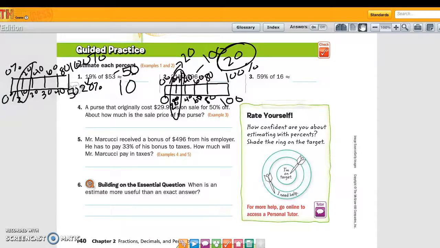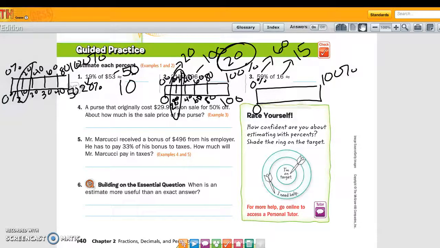At 59%, we are closest to 60. 16 we're going to be closest to 15. So 0, 100%. And down here, we're going to start with 0.